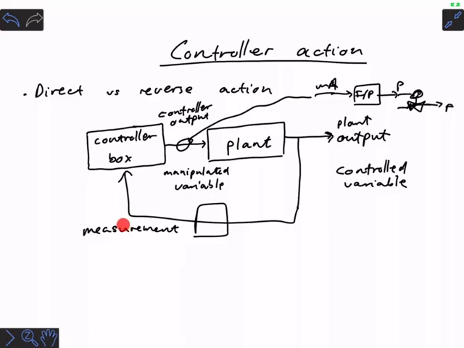So when I talk about the measured variable, in feedback control, we always attempt to measure the thing that we are controlling, right? That's always what we're trying to do. And now you may say, but when would the measured variable and the controlled variable not be the same? Typically that would be if we're not doing a feedback control scheme.